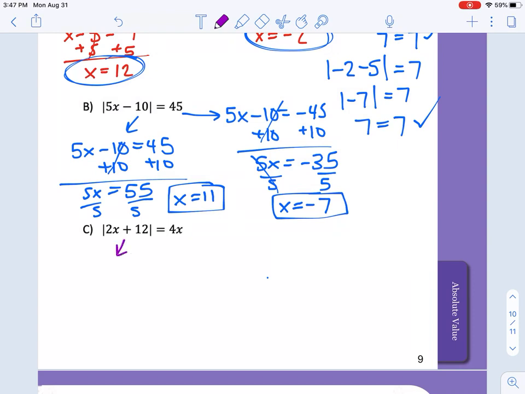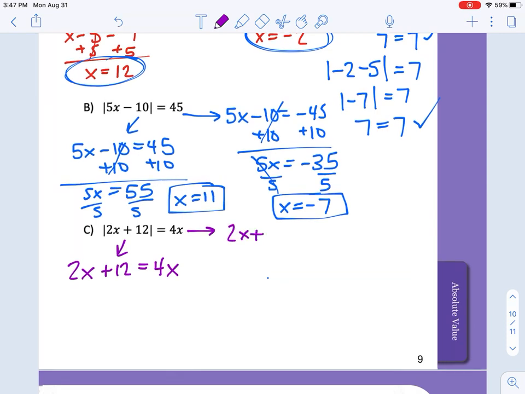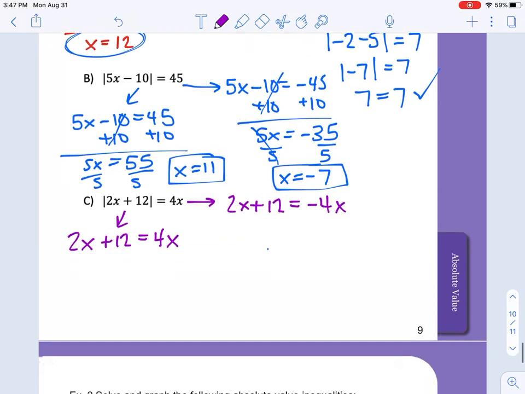This time you'll notice instead of just a constant on our equal side, we have a constant with a variable. We'll still treat it the same way, but when we have a variable on the opposite side of our absolute values, we need to check, because sometimes it won't work.